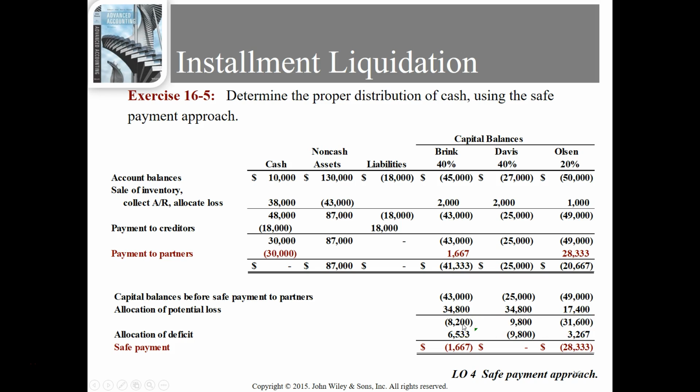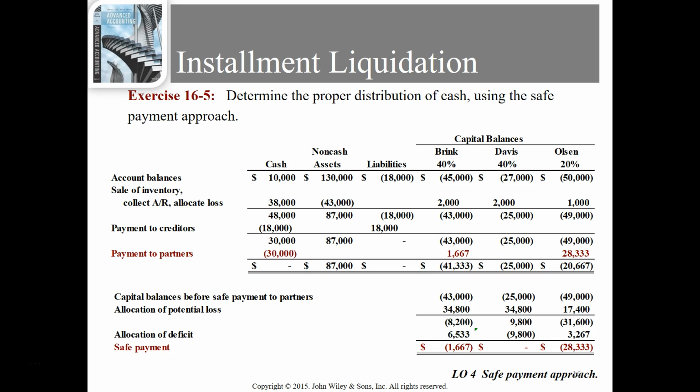Again, partner B for Brink is fine. Partner D for Davis, we've got a problem now. They have become a debit balance, and partner O for Olson is safe with 31.6. We allocate the deficit from Davis to Brink and Olson in their ratio. So we say, well, 9,800 needs to be allocated in the ratio of 40.